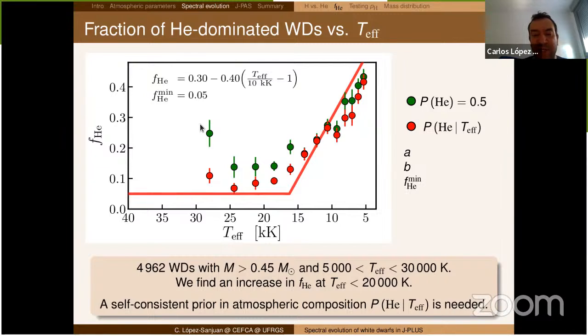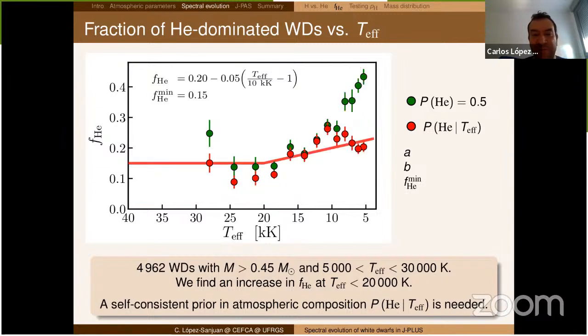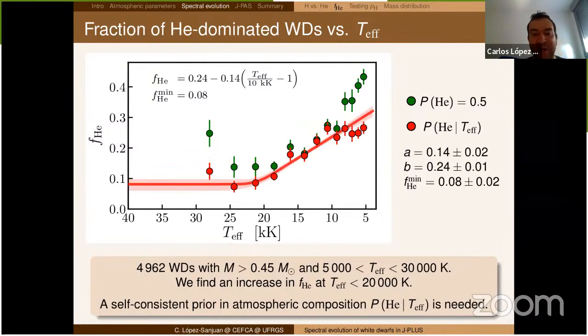And what we did is just to test different priors, let's say different red lines, and we compare with the posteriors, with the red dots. So the good prior, the best solution, the self-consistent solution is when the red input line is most similar to the red output dots. So we do this with a Monte Carlo Markov chain, and this is the final result that we obtain.